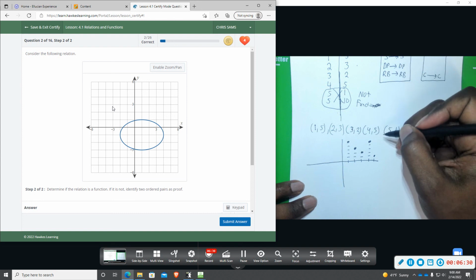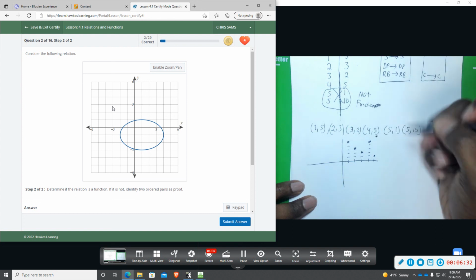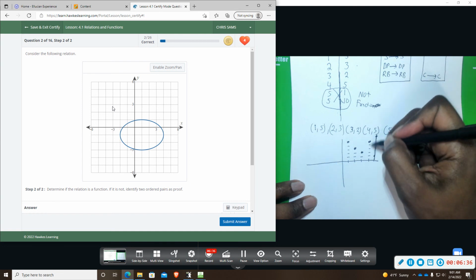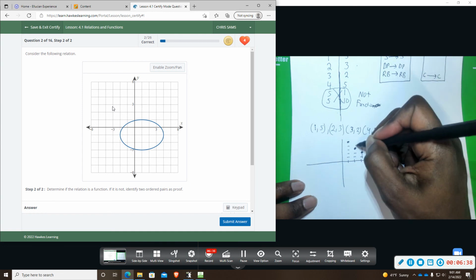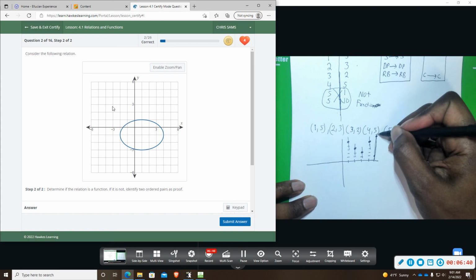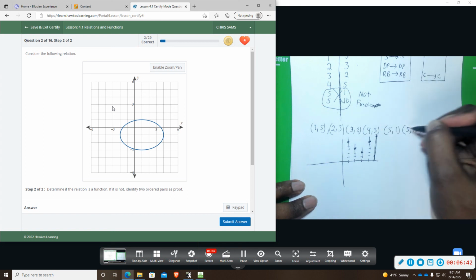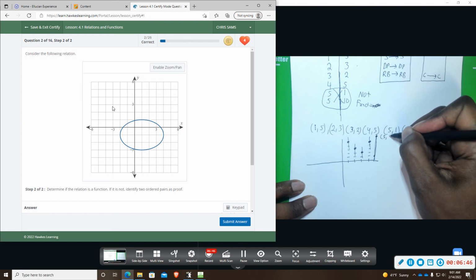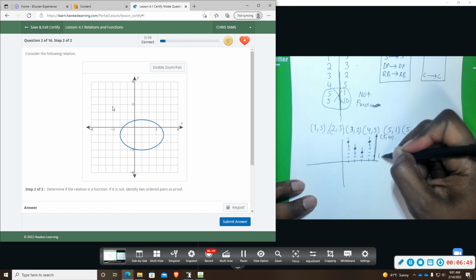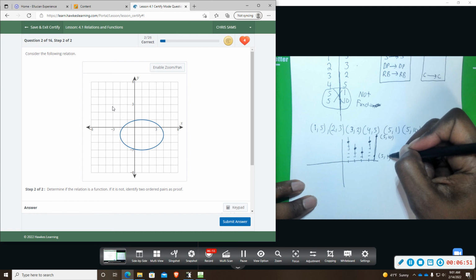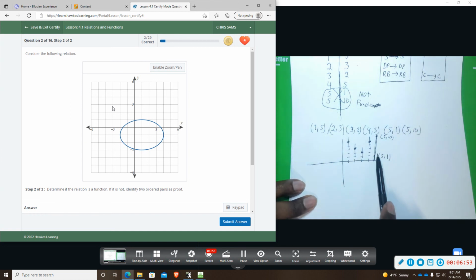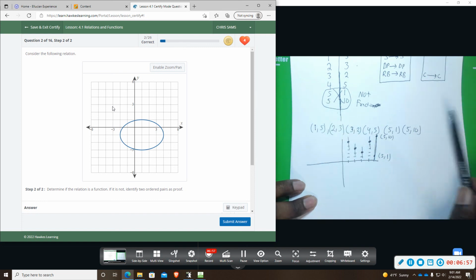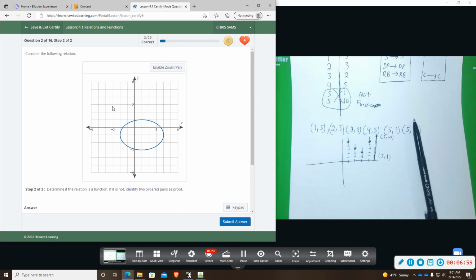And then let's say 10 is way, way up here. If I was to draw a vertical line through all of these points, it would hit twice right here. The others would only hit once, once, once, once. So the vertical line test is agreeing with the same thing. The x value is repeating, giving you two different outputs, 5, 10 and 5, 1. That's why, with the vertical line test, the repeating of the x coordinate fails to be a function.